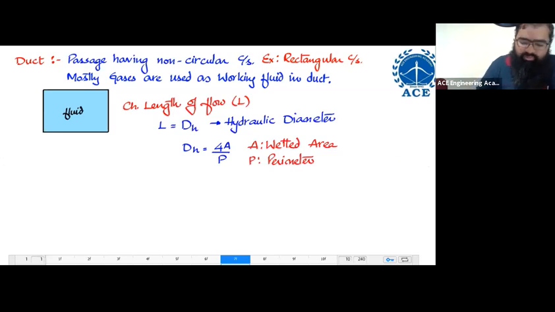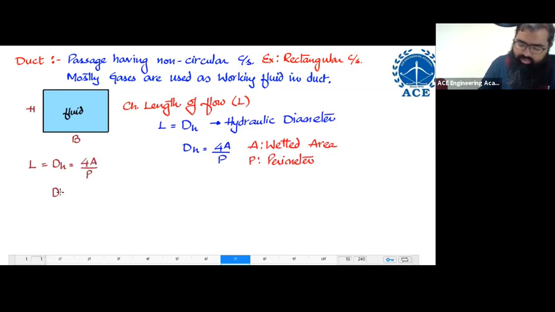For example, let us say in this particular case, this is equal to B and this is equal to H. Let us not take L, because L we have already used. So the characteristic length over here is the hydraulic diameter, equal to 4 times area upon perimeter.